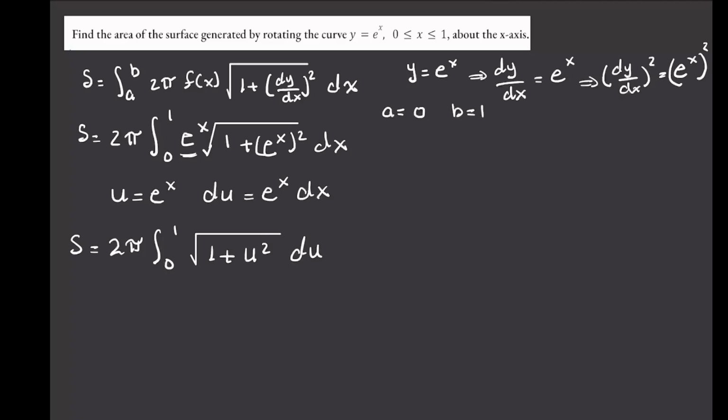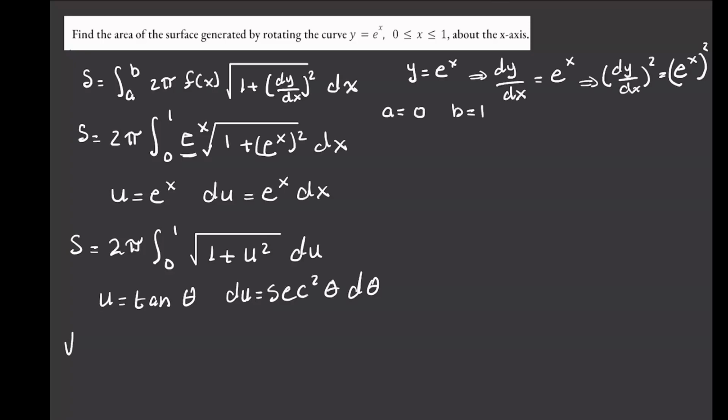So now moving on, we're going to also use a trig substitution, u equals tan of theta, in order for me to integrate the surface area. Now, if u is equal to tan of theta, du is going to equal secant squared of theta d theta.